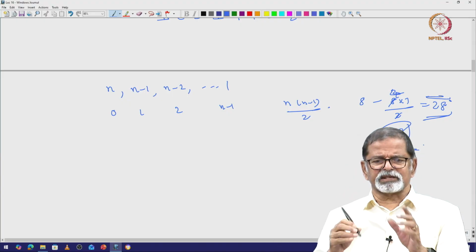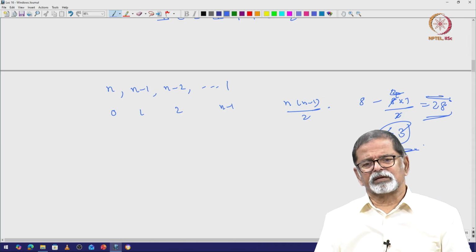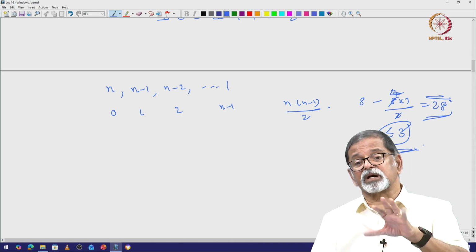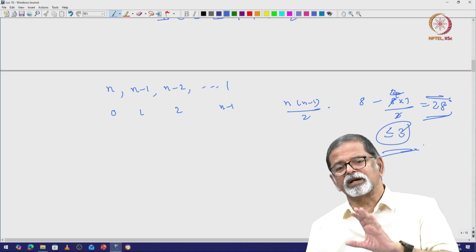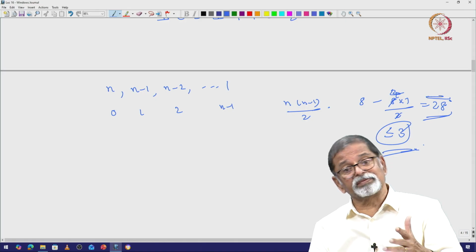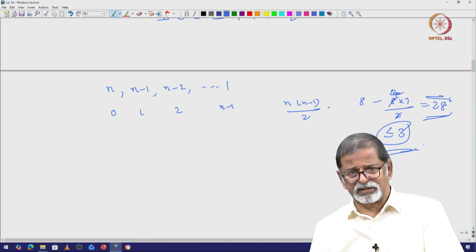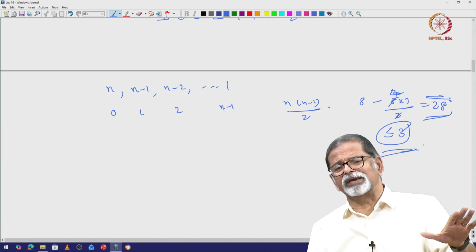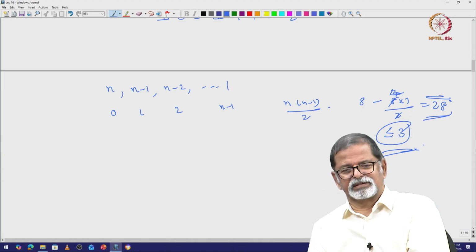Therefore, this is an interesting problem, finding the inversion count for a permutation. You can generalize this for the inversion count of any array with distinct numbers.